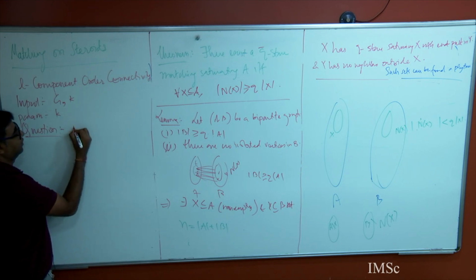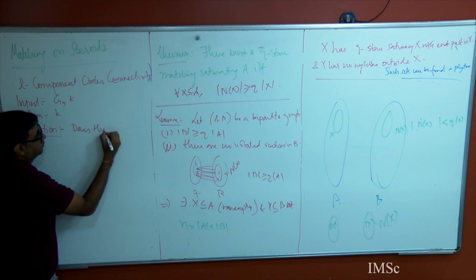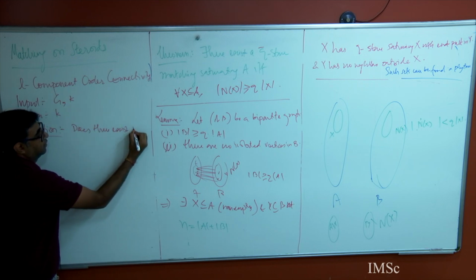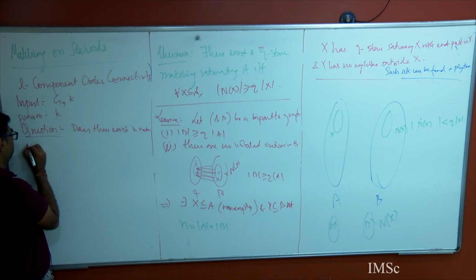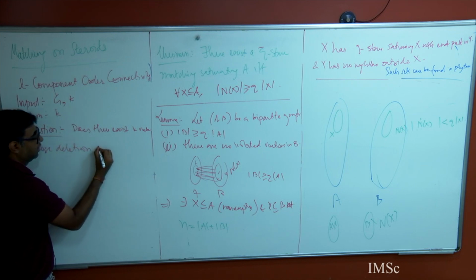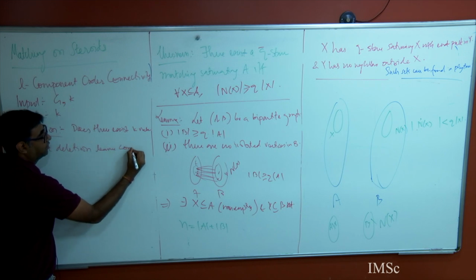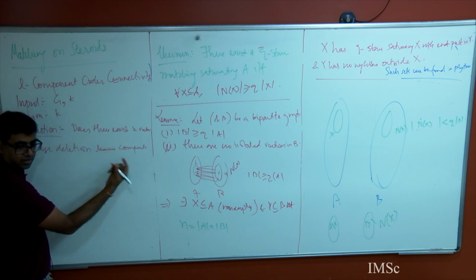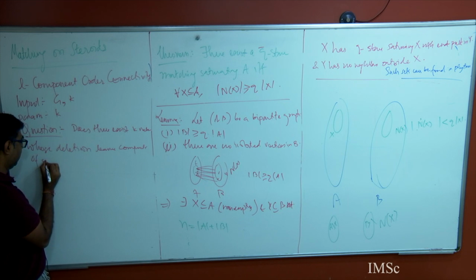Does there exist k vertices whose deletion leaves connected components of size at most L?